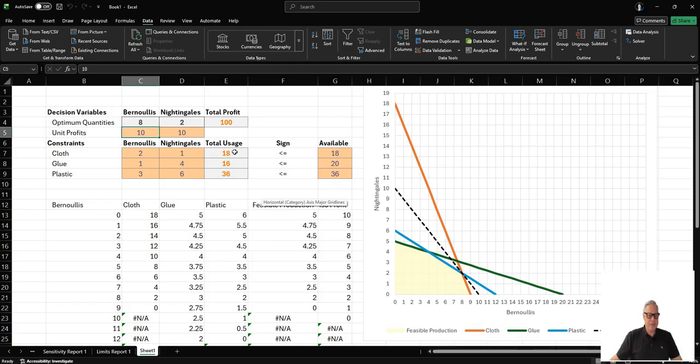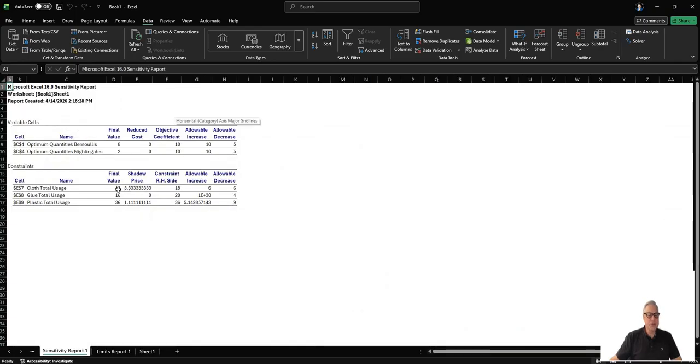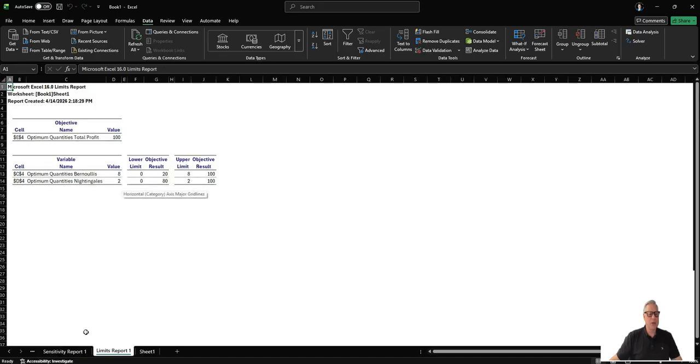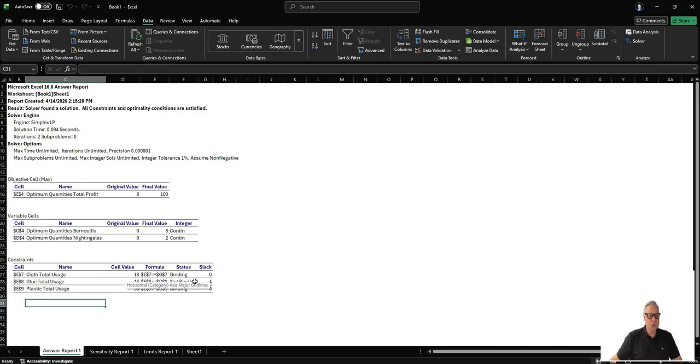So let's say, what is the opportunity cost if I reduce 1 unit of cloth? In the sensitivity report it says we use 18 units, and from the answer report we also know that cloth is a binding constraint.